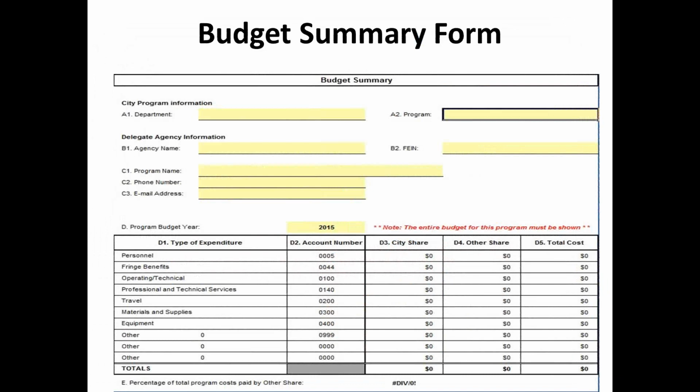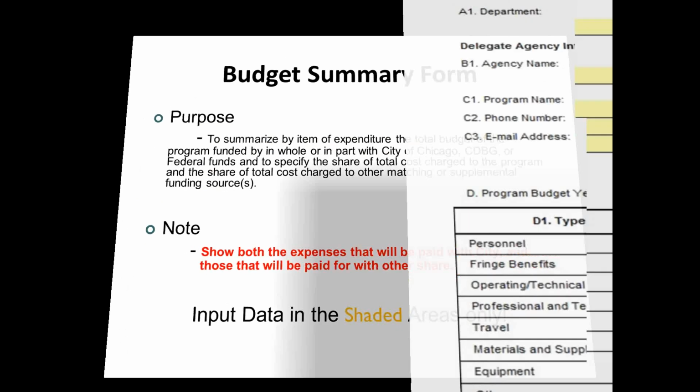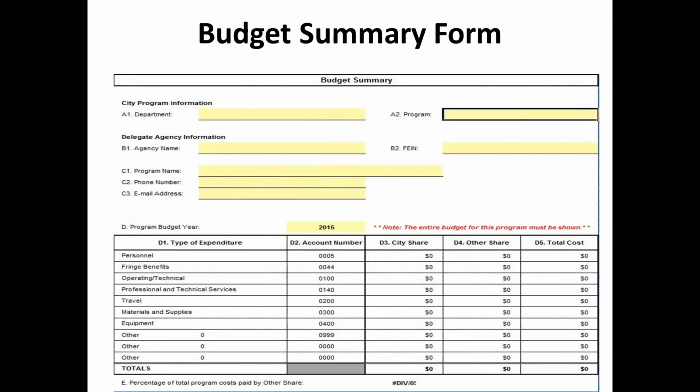The budget summary form has various shaded areas, A1 being the department, all the way down to B2 being our federal employer identification number. So where we mention always input data in the shaded areas only, this is what we're talking about.